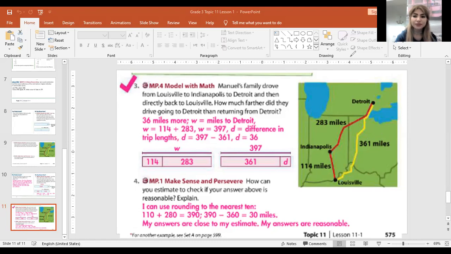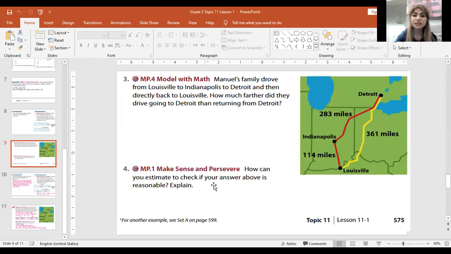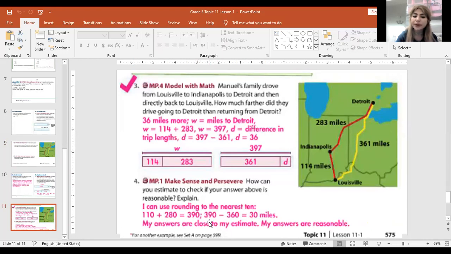Okay, so the last important example here. How can you estimate to check if your answer above is reasonable? Of course, we are going to estimate by rounding.